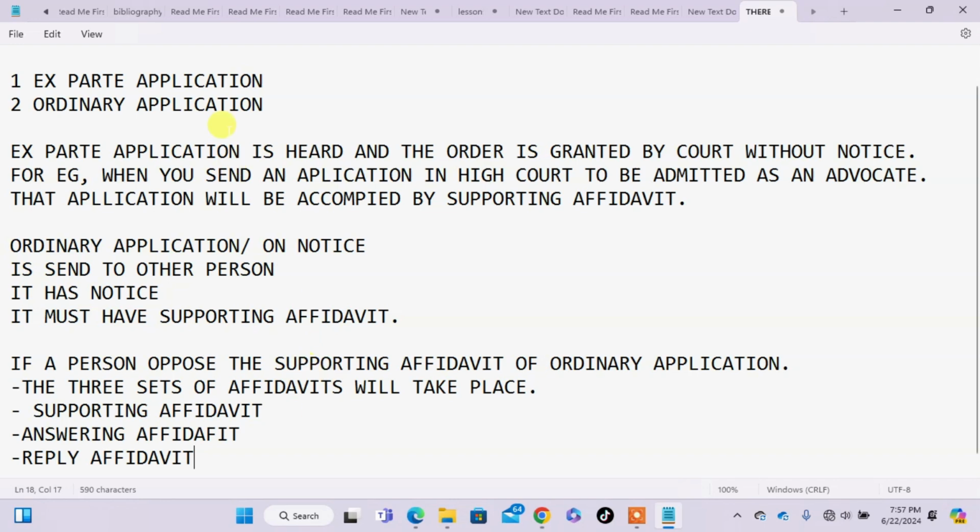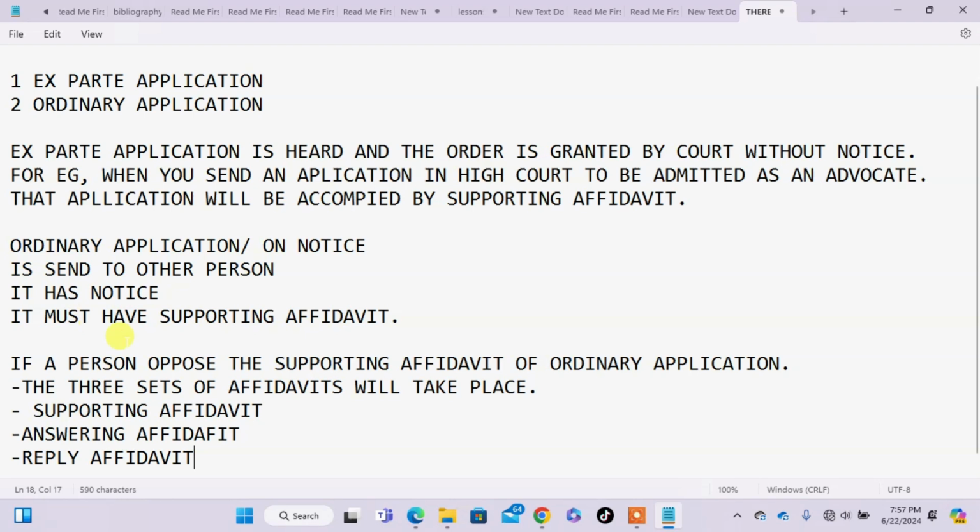Never forget, an ex parte application has no notice, and mostly you are the one who sends it, especially when you want to be admitted as an advocate. An ordinary application has a notice which must be sent to another person so that she may know there's an application proceeding in court.